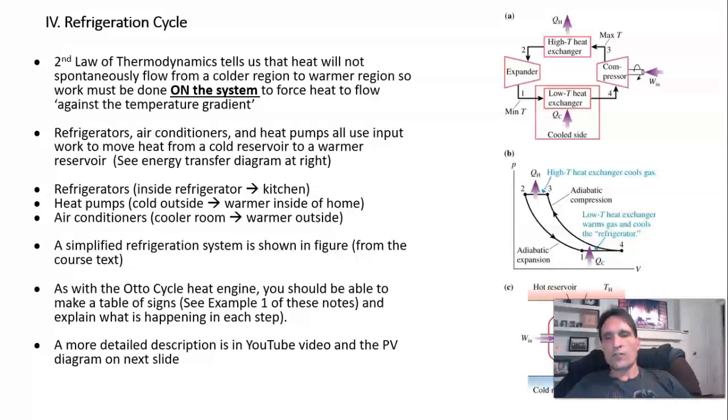And so for a refrigerator, the cold reservoir would be the inside of your refrigerator, and the warm reservoir would be your kitchen. So we have to supply work to pump heat against the gradient.